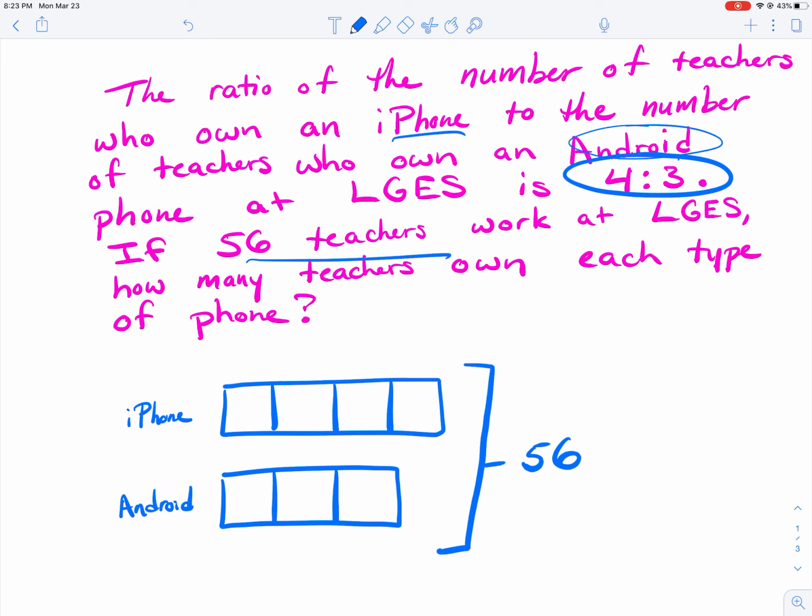So the question is, what equals 56? Well, I have 1, 2, 3, 4, 5, 6, 7 boxes. Therefore, if I take 56 and break it into 7 groups, I'm doing 56 divided by 7, which gives me an answer of 8. That means that my unit value is 8 for each one of these.